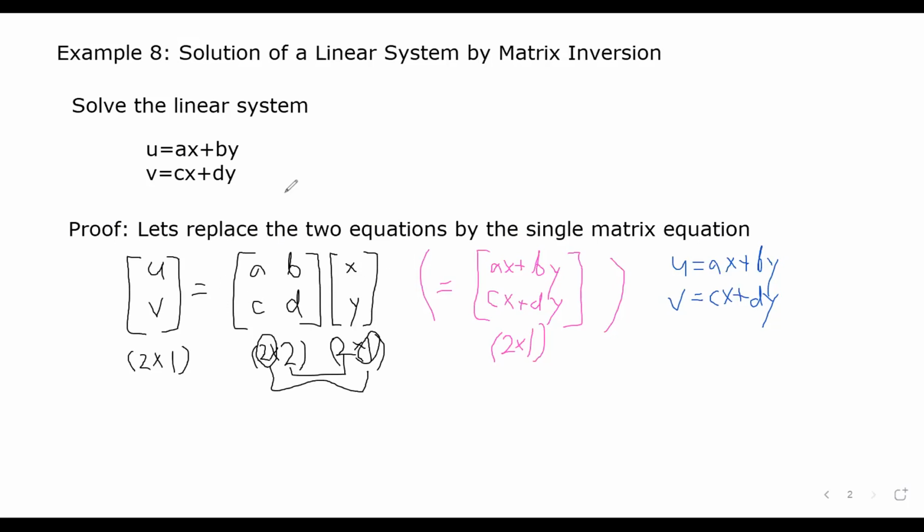Okay, so we've now represented our linear system in terms of a matrix equation.